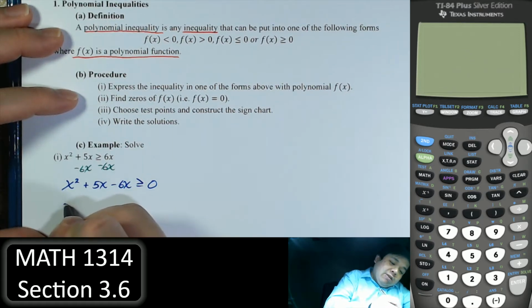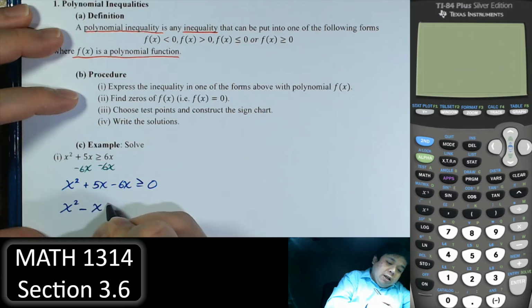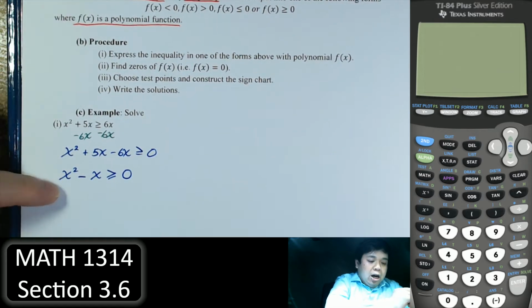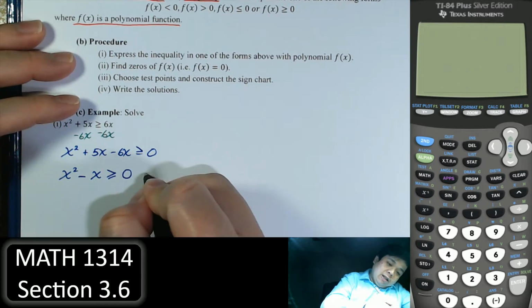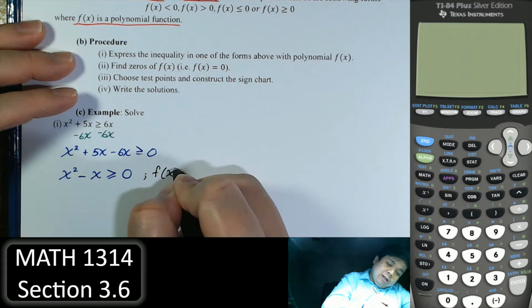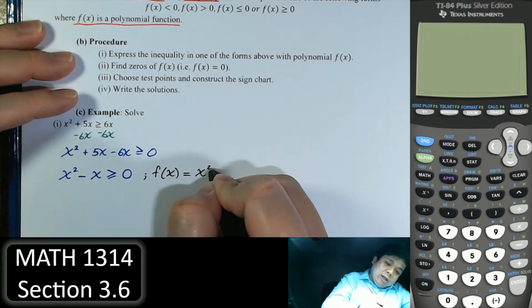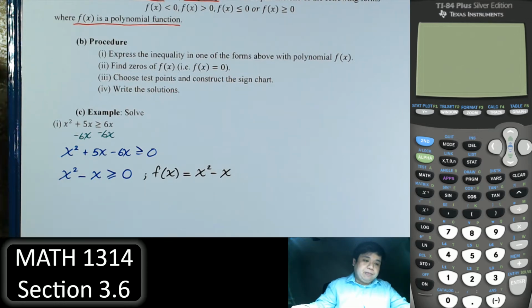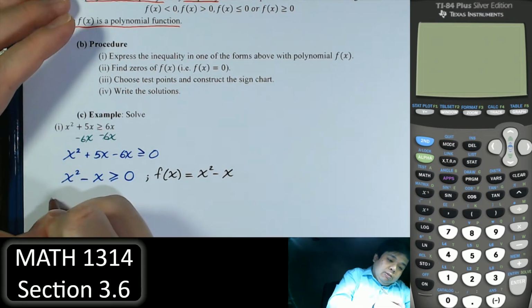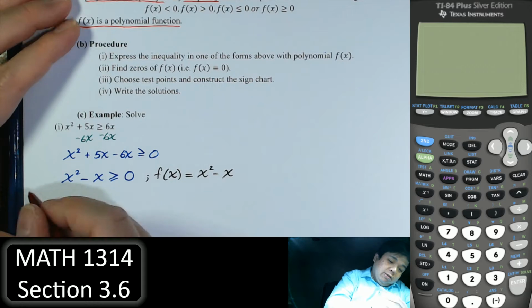And so that gives us x squared minus x greater than or equal to 0. Right, so it is in the right form, and in this case f of x is equal to x squared minus x. So we have the right form and the function.